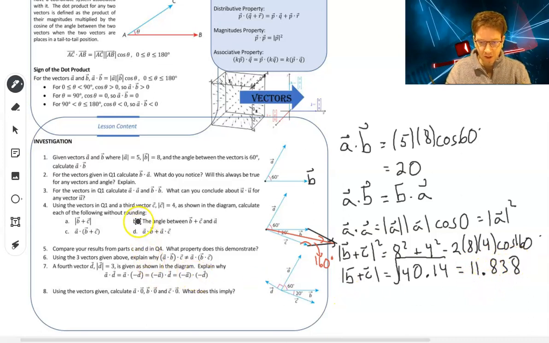Okay. Part C then says to find the angle between that vector b plus c and a. So we're looking for this angle here. All right, so if we want that angle there, then it looks like I would want to figure out what this angle is here.